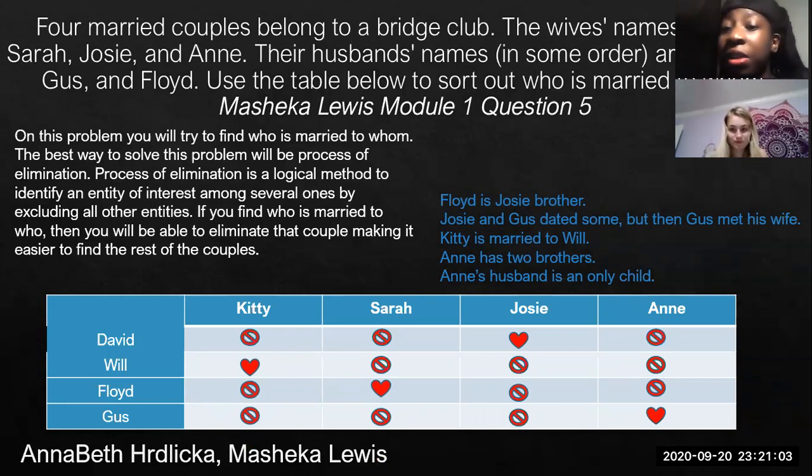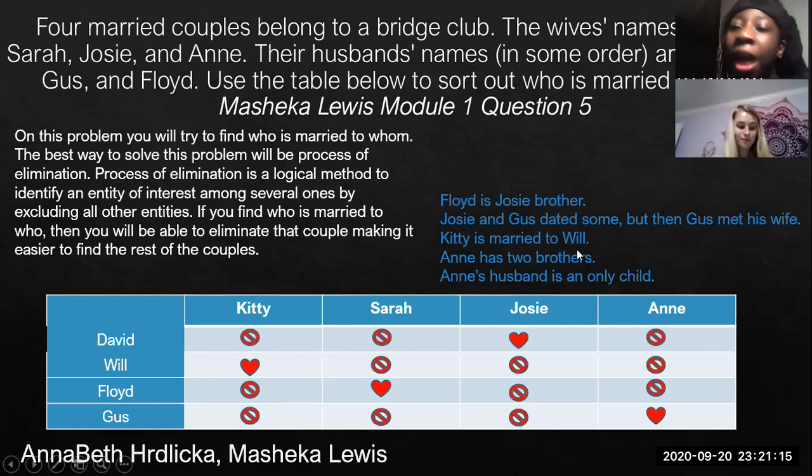So they do give us a key to solve this question. The easiest way to solve this will be to marry: Kitty is married to Will. So we automatically know that Kitty is married to Will. So we can put a heart in this case and mark everybody else out, because we know for a fact that he's not married to other people.